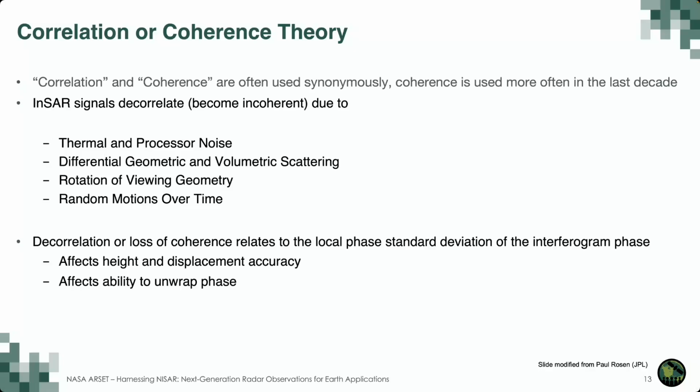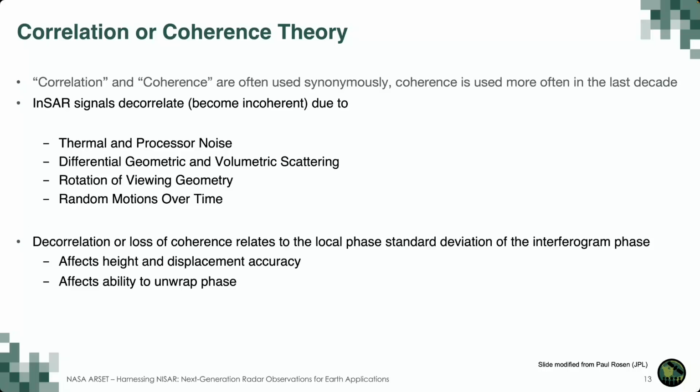And then there's the issue of random motions over time, which may be a tree fell down, or a rock rolled down the hill, or there's a landslide that completely disrupted the hill. So these are examples of the types of things that cause a loss of coherence, or what we also call decorrelation.